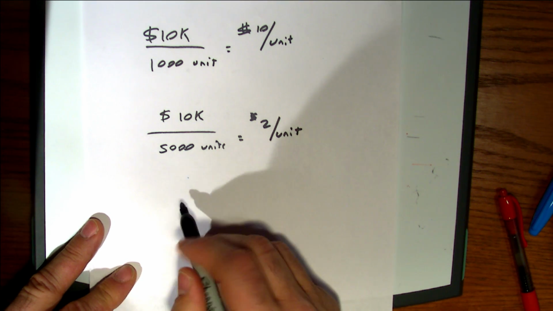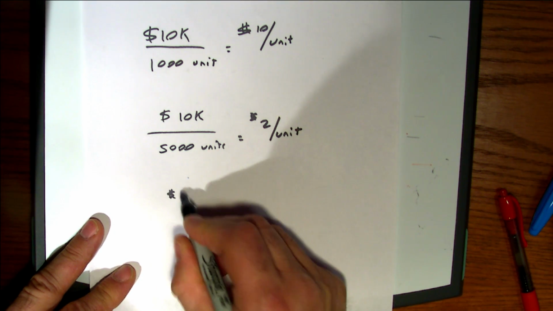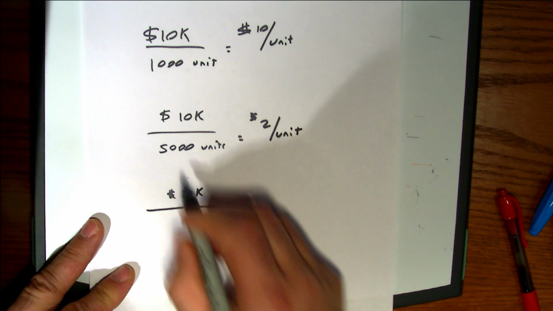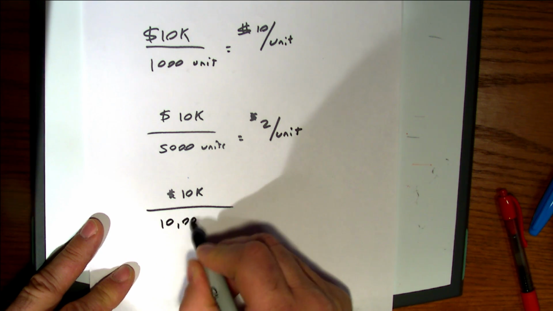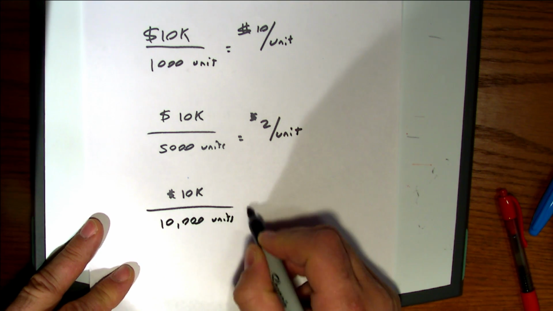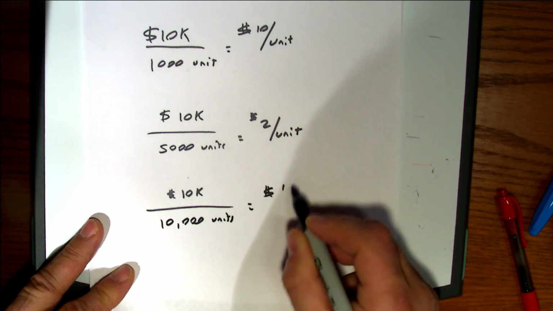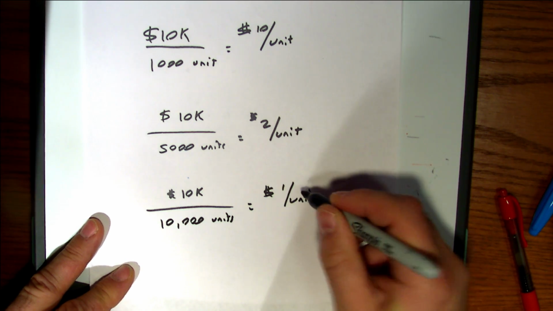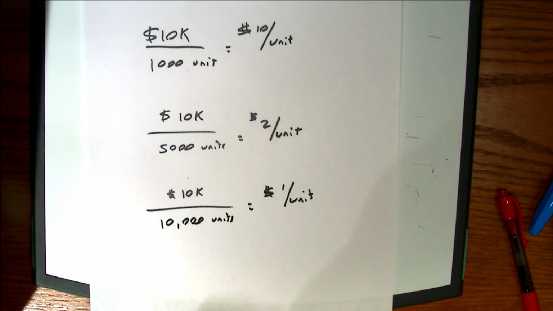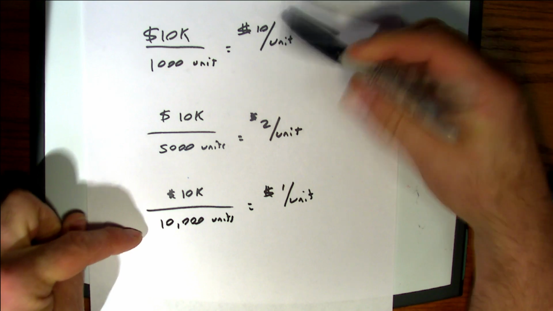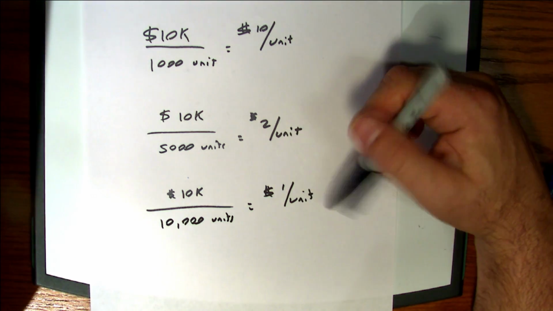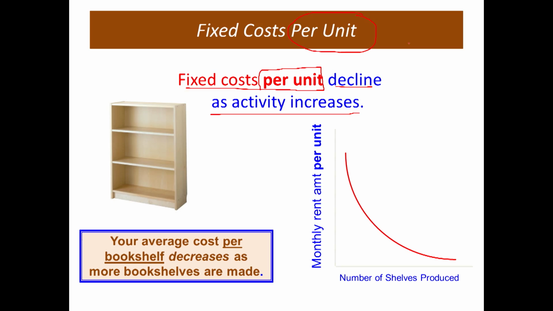All right. Well, if they made 10,000 units, it's now down to $1 per unit. Is that correct? So as the activity level increased, the fixed cost per unit decreased. And that's just what this graph shows us, right? Now, once again, we are talking about, though, on a per unit basis.